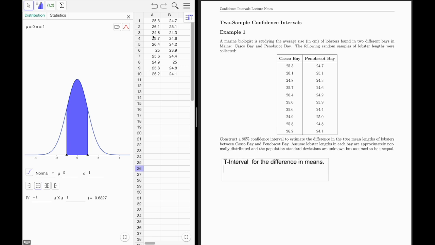All right, so make sure your spreadsheet is pulled up because we're going to need that. Pause the video and enter these values in. I put Casco Bay values in column A and Penobscot Bay data in column B. I already have mine preloaded, but take a minute, pause the video, and enter your data.